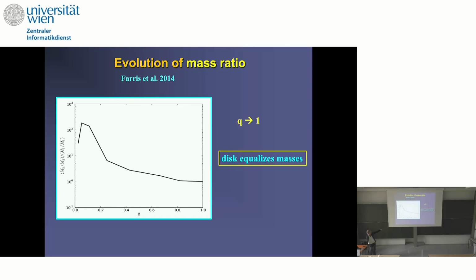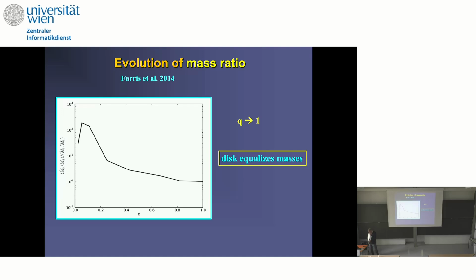This is a test particle limit. This is the equal mass binary. For equal mass binaries, this number is 1. Time average, they accrete the same. But if you make, let's say, a binary whose mass ratio is 1 to 10, you see that the lower mass guy is 100 times faster accreting. So it will tend to catch up with the primary.